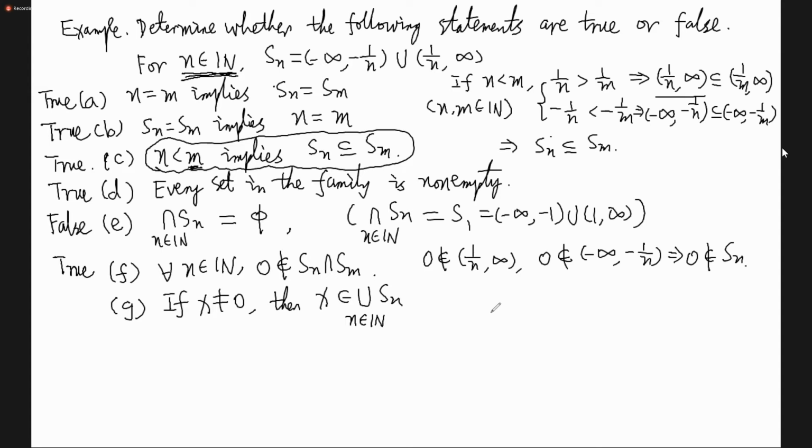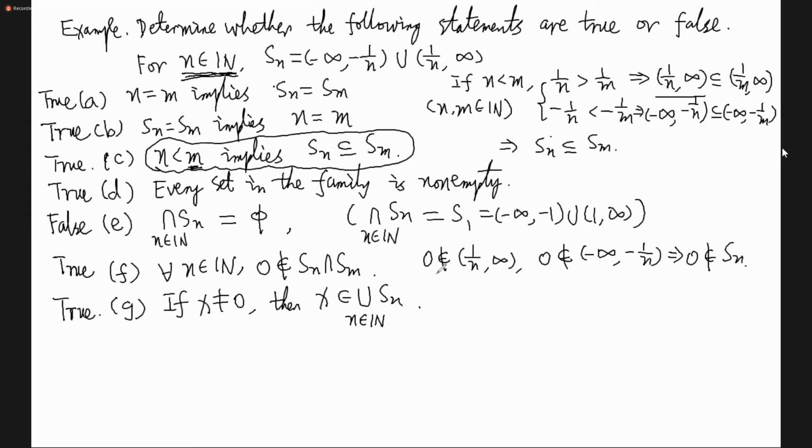True, because 0 is the only one that's found to not be in the union. All right. Everyone agrees? Okay, so the answer is correct. This is true. But we have to give a rigorous proof.